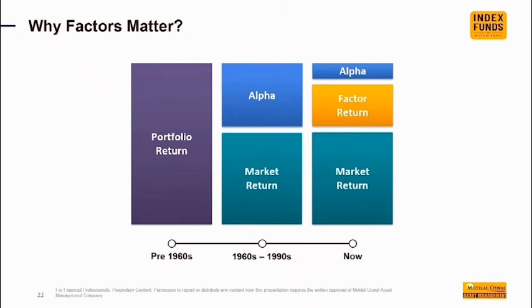This slide will actually tell you what factors are. Till 1960, there was nothing called market return and alpha. But a few intellectual guys identified alpha and market returns, right? But if you look at today's time, where do you see alpha? This slide tells you that factors have the potential to outperform the market.